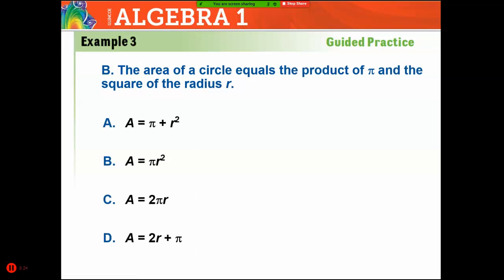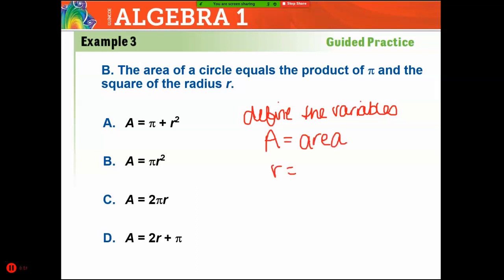Okay, the area of a circle equals the product of pi and the square of the radius r. So we would say, for defining our variables, that A is equal to the area and R is the radius, because it's important to know what each letter represents.